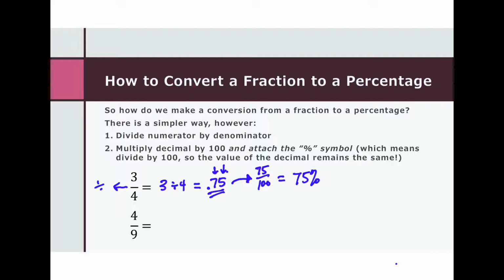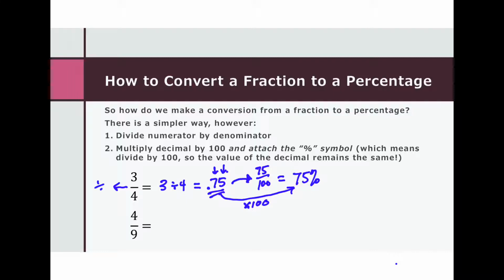So, in other words, looking at it from here to here, what did we do? Well, we took the number, and if I wanted to express it as a percentage, I multiplied it by 100. Now, why did I multiply it by 100?